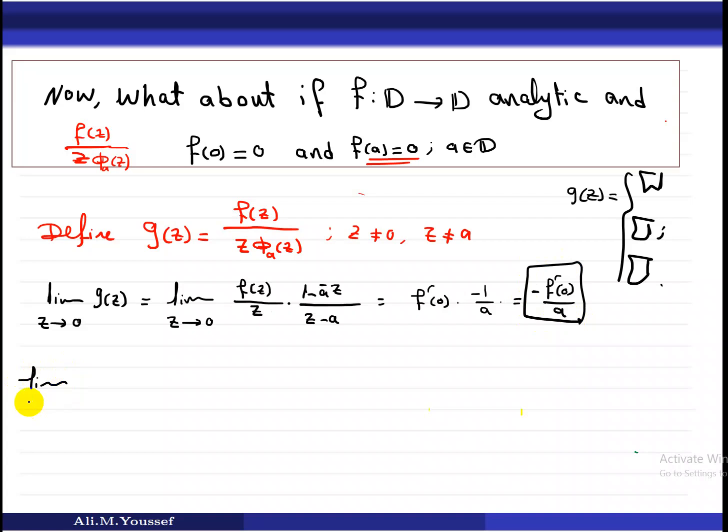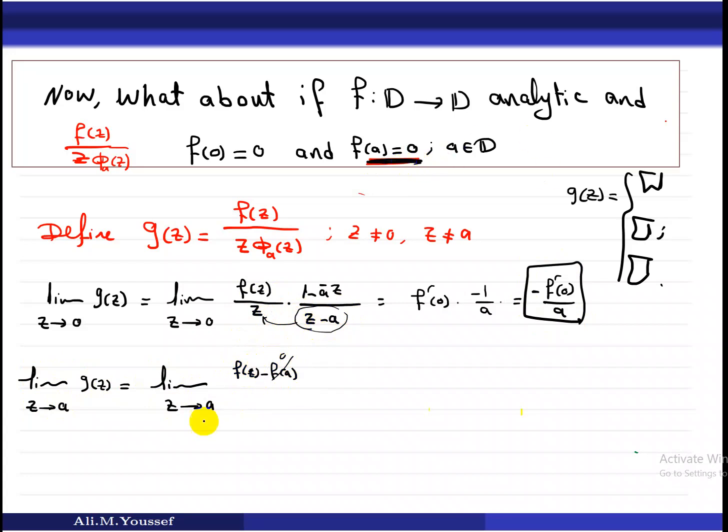The second one, when z goes to a, g of z is equal to the limit when z goes to a. Here, if we divide, I'll take z minus a instead of z. We can write it as f of z minus f of a. f of a is equal to 0.